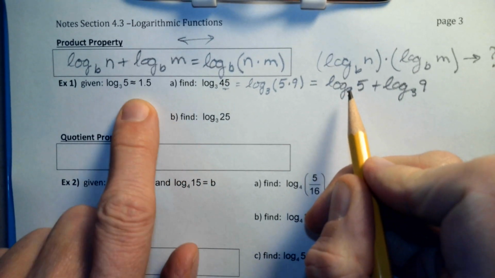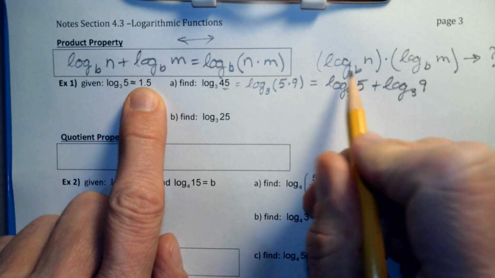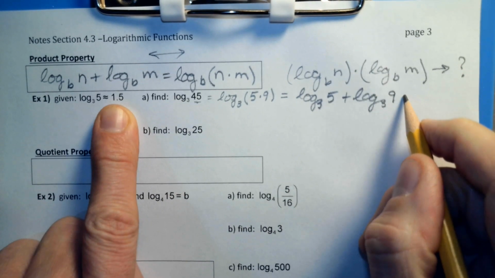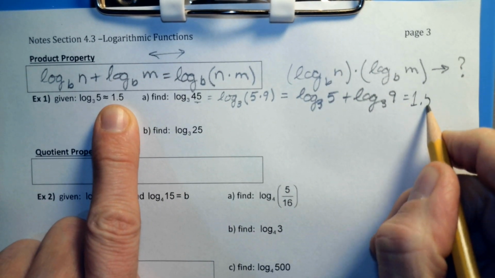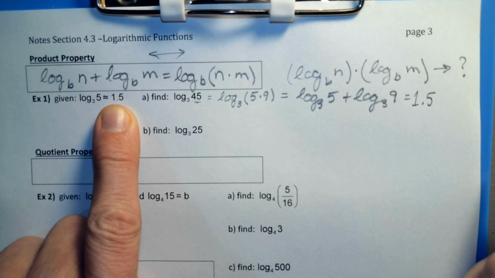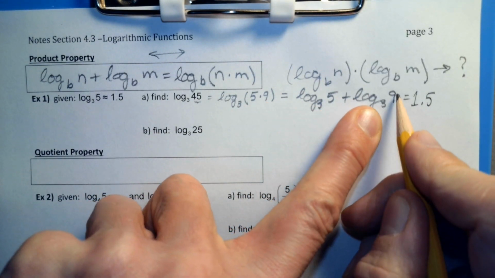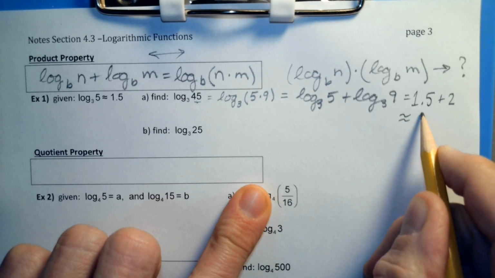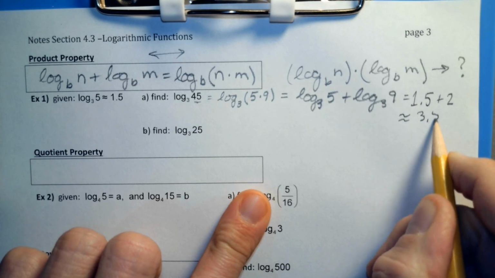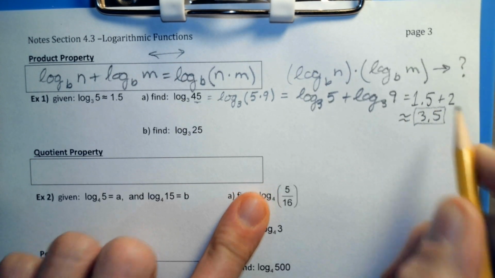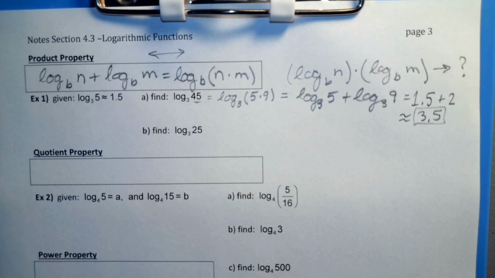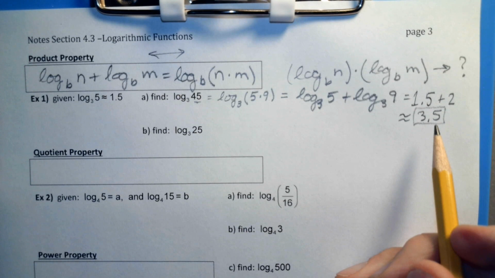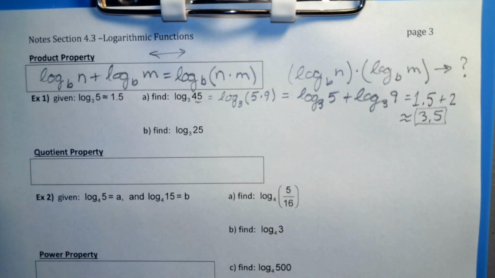Log base 3 of 5 is approximately 1.5, so I could just replace it with 1.5. And then log base 3 of 9, well, that's just 2. So this is approximately equal to 3.5. If we were able to get a calculator to do this for us, we'd see that's probably a pretty bad estimate. But for now, that's good enough for us.